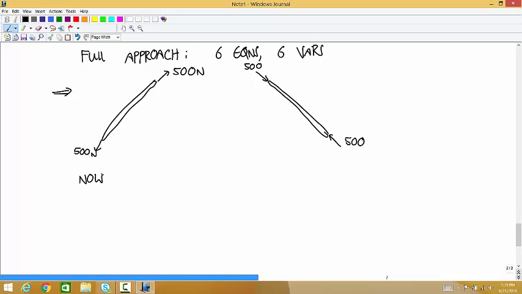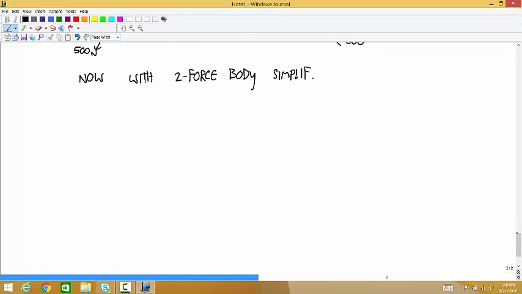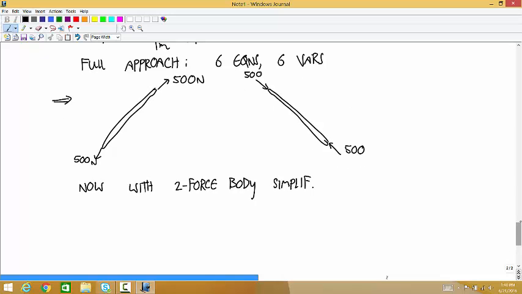So now we're going to do the same thing with the two-force body simplification. Okay, both of the members in this structure are two-force bodies, so that means we're not going to isolate any members. All we're going to do is isolate pins. Okay? I'll number it like this.